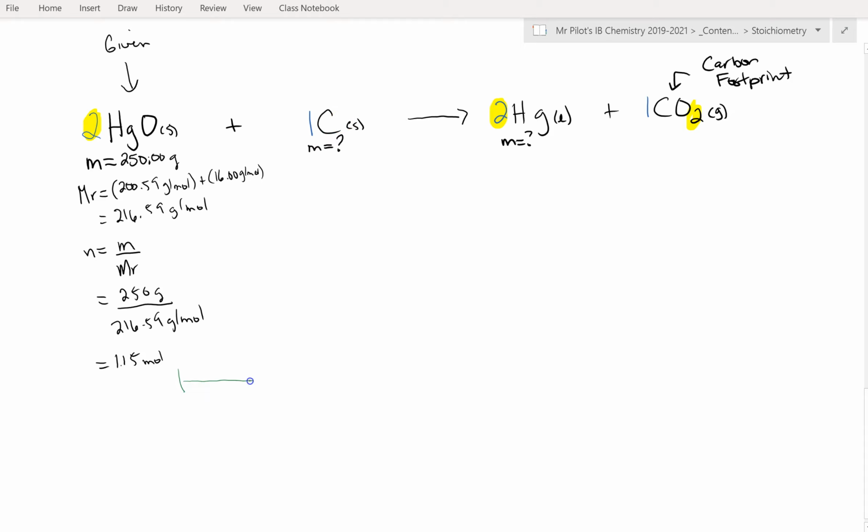So next up, if I want to find the mass of carbon, I need to use my molar ratio. So I'm going from 2 to 1. That means I'm going to need half as many moles of carbon as I have moles of mercury oxide. So if I want to find the moles of carbon, I take the moles of mercury oxide and multiply by 1 over 2.